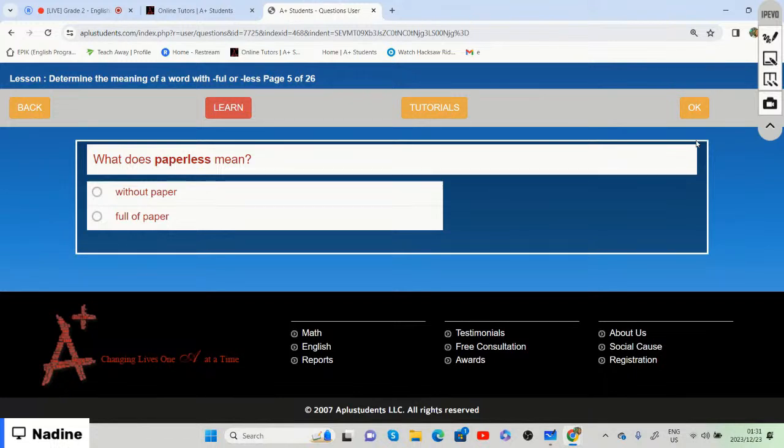So now what does paperless mean? Paperless. And remember we said that knowing the meaning of the suffix will help you to know the meaning of the word.